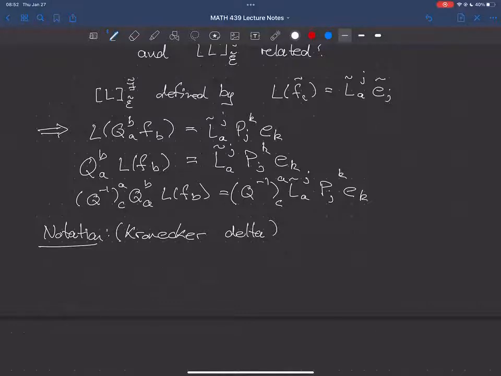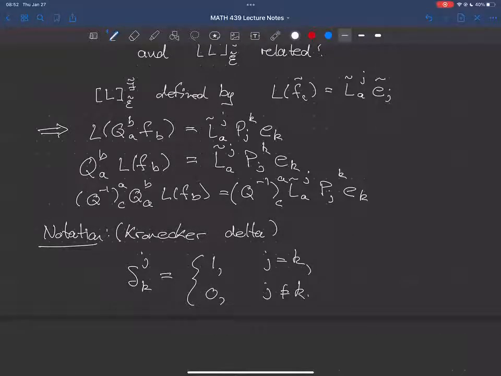Okay, and it's delta JK. You can use any indices here. I'm actually going to apply that not with JK but with A and B, but it doesn't matter. This is 1 if J is equal to K and 0 otherwise.